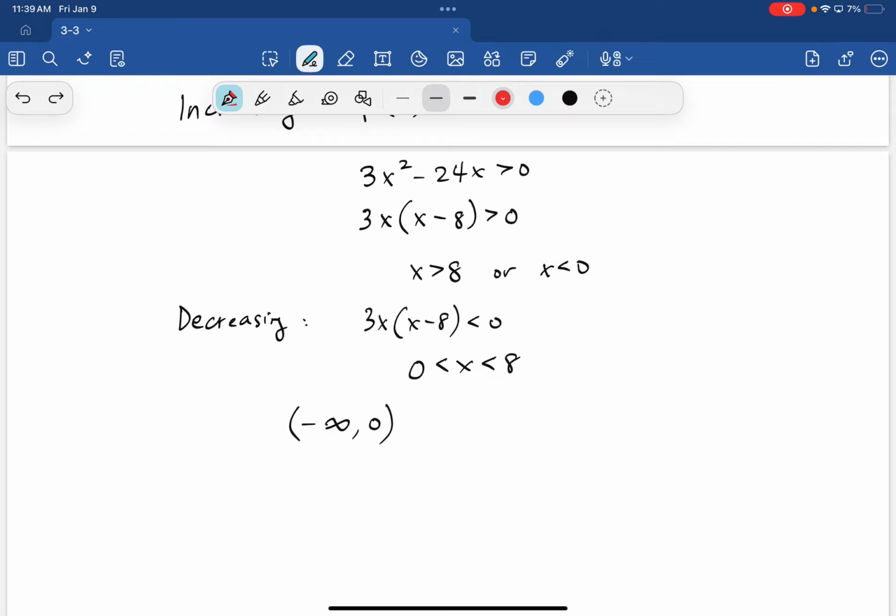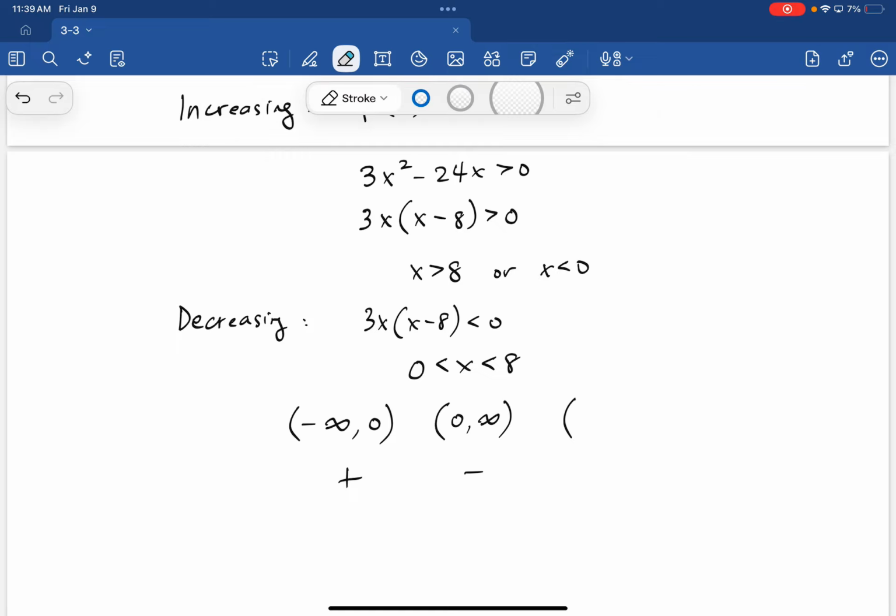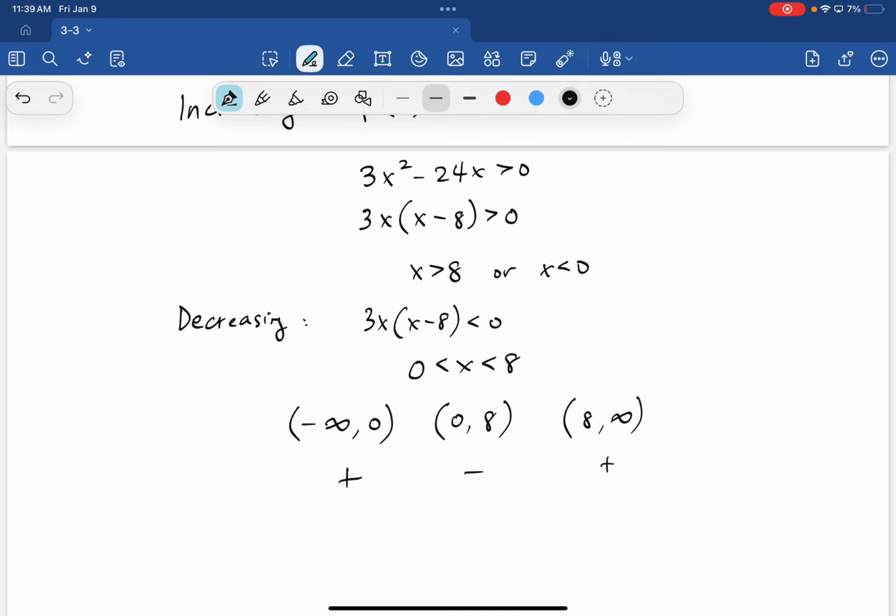When x is less than 0, the derivative is going to be positive. When x is in between 0 and 8, the derivative is negative. And then when x is greater than 8, the derivative is once again positive. So we can write this little table.